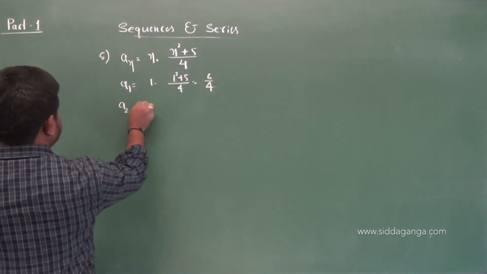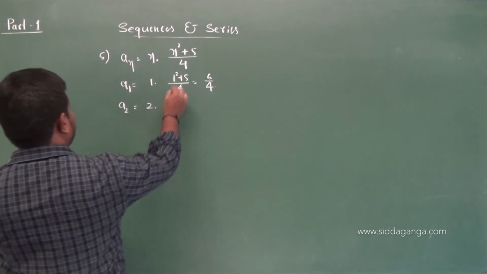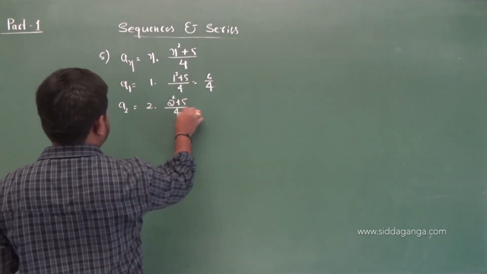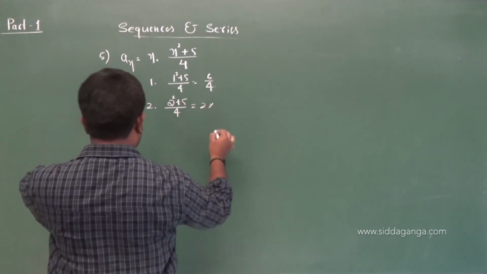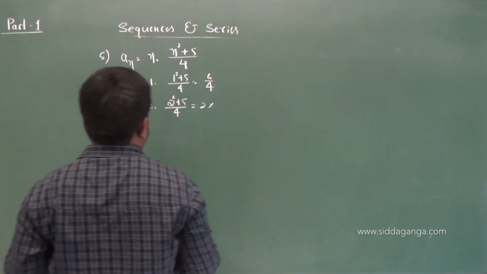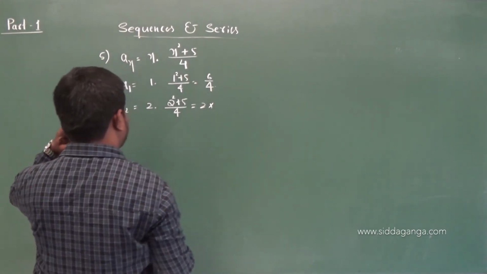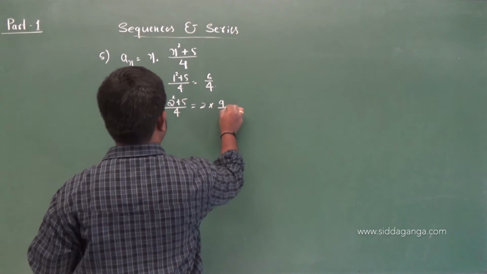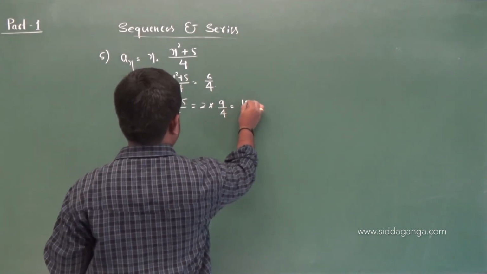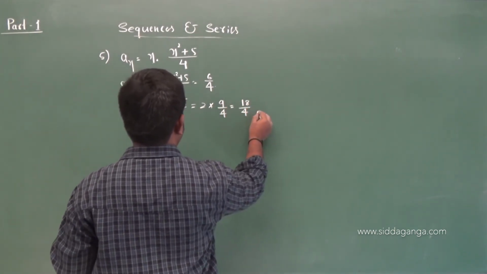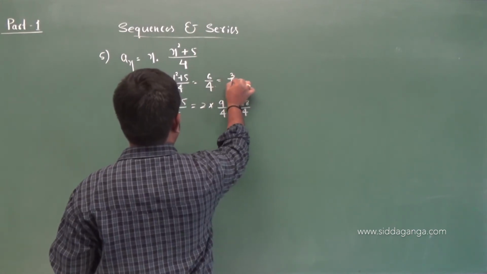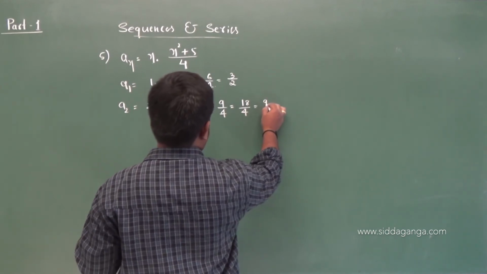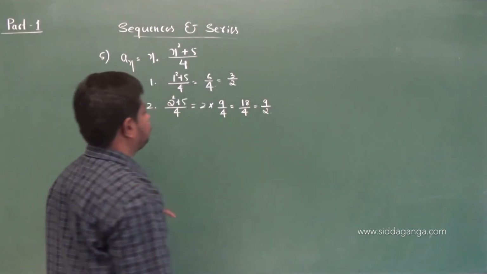A2 is 2 into 2 square plus 5 by 4. So you get 2 into 2 square plus 5, so 9 by 4, which is 18 by 4, or you can write here 9 by 2.